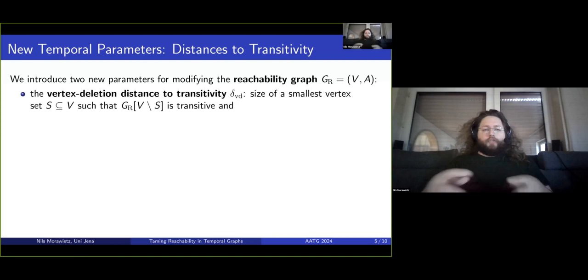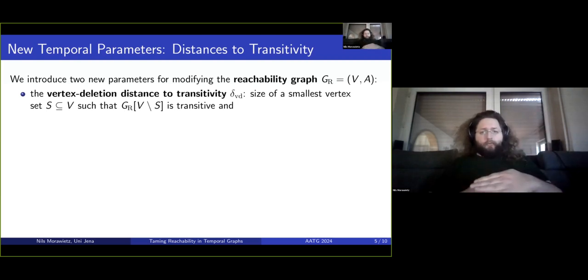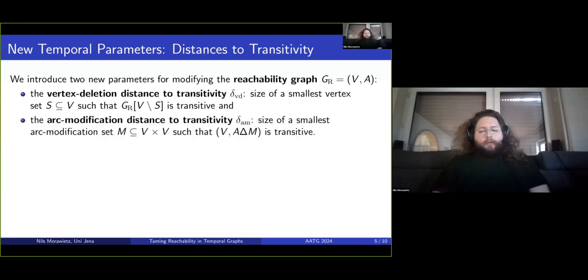It is not a vertex deletion on the temporal graph and then obtaining a reachability graph that is transitive; we build this auxiliary static graph first and define the parameters on it. The second parameter we introduce is the arc modification distance to transitivity. Essentially, how many arcs do we have to remove or add to the reachability graph to make it transitive?